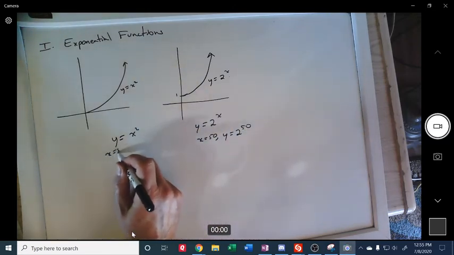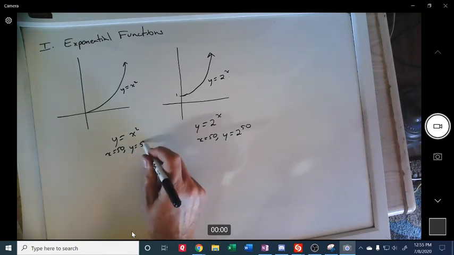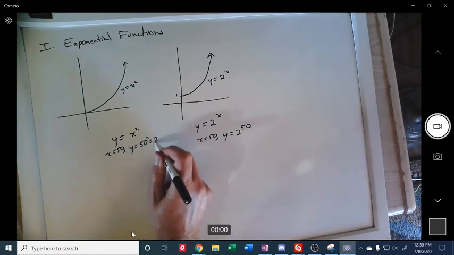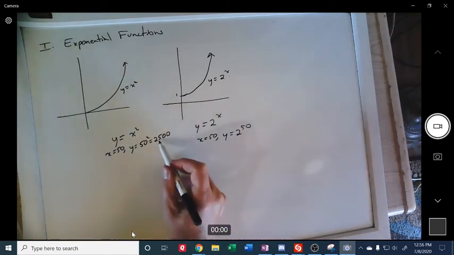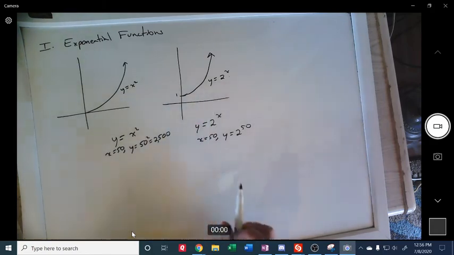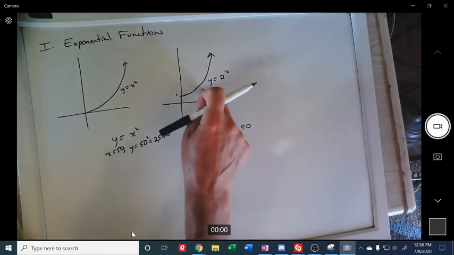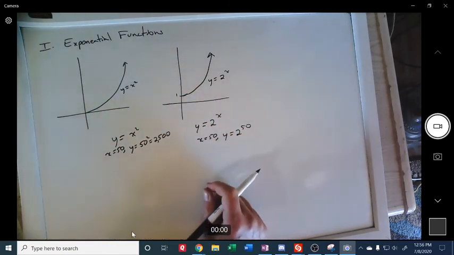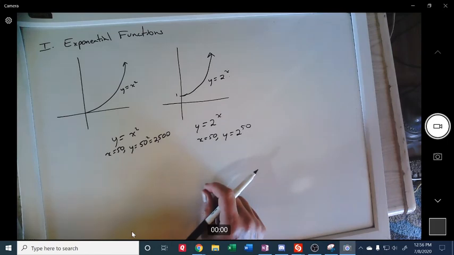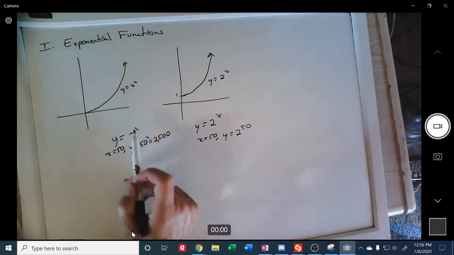When x is 50, y is equal to 50 squared, which is not gigantic. So the picture is deceptive because we tend to focus near the origin. This is increasing a hell of a lot faster than this one over here. Exponential growth is just way more than any kind of polynomial type growth.